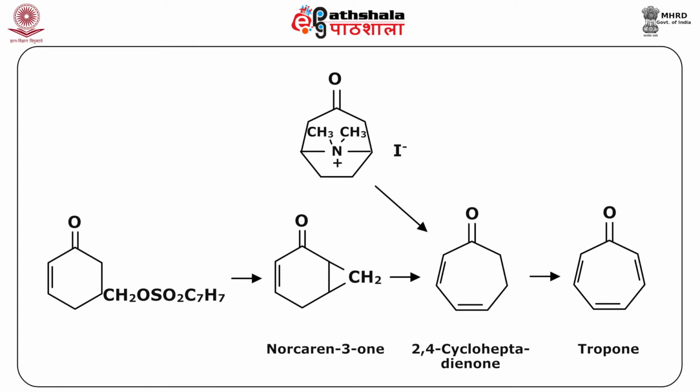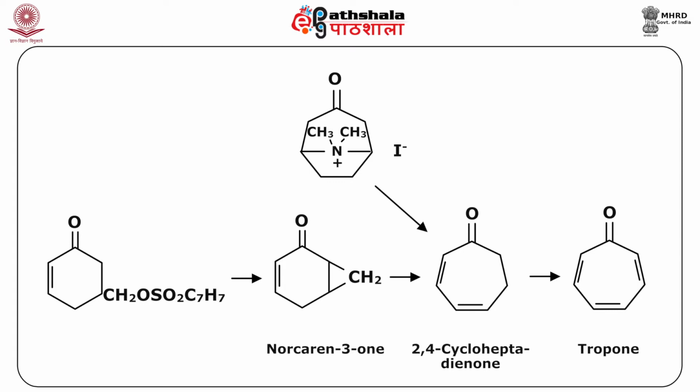In the first route, a mixture of cycloheptadienones was produced in one step by Hofmann degradation of tropinone. And in the second route, the para-toluene sulfonate of 5-hydroxymethyl-cyclohex-2-en-1-one was prepared and converted to unsaturated ketone by treatment with sodium hydroxide.